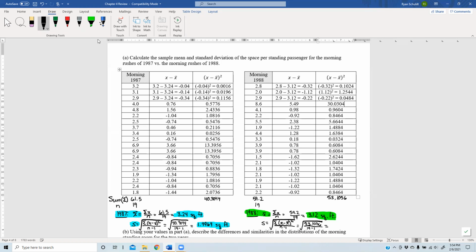You do that, and to 4 decimal places, you get 1.7176, and we need to do it in square feet again.